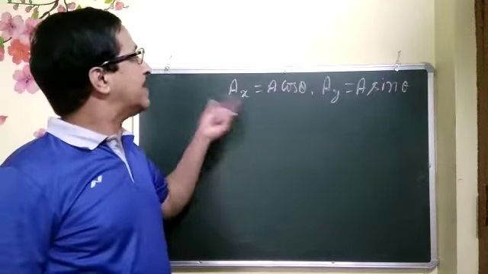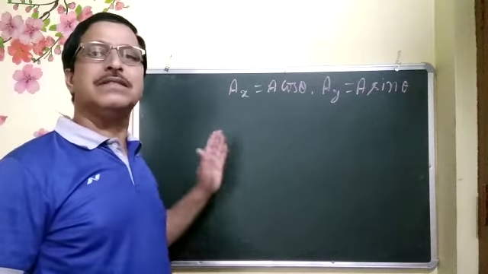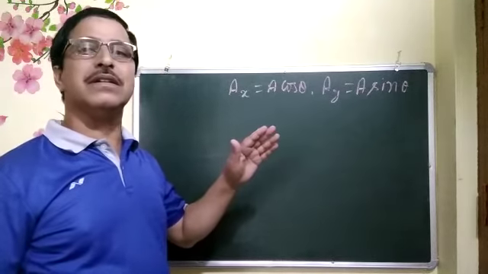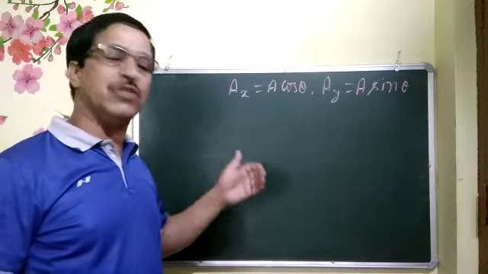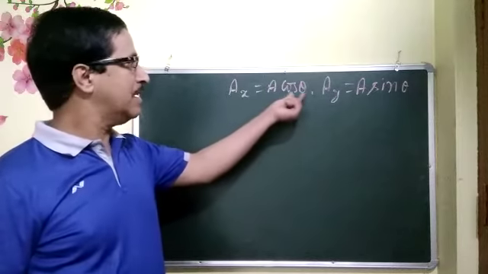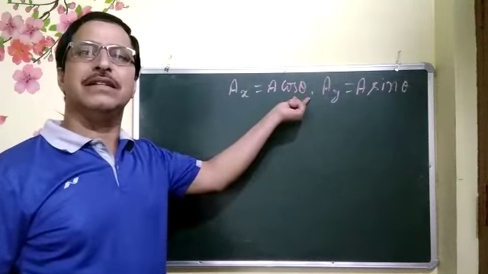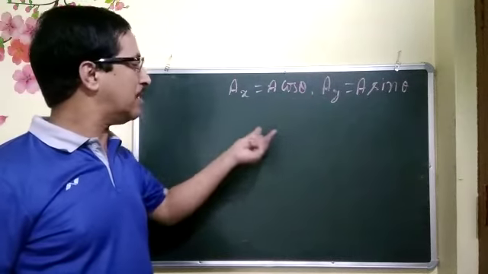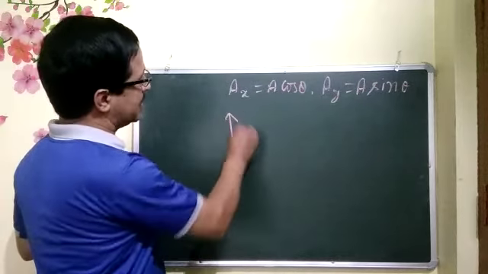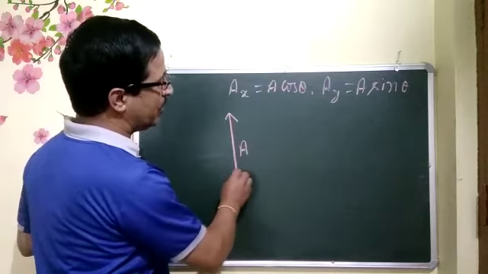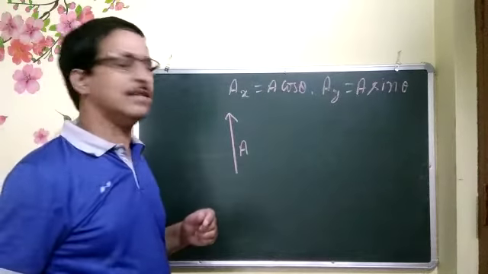Now, if a vector is broken in a component which is perpendicular to the vector itself, that is, if theta is 90 degree. How can you understand it? Suppose a vector is along the y-axis, then what will be its x component?